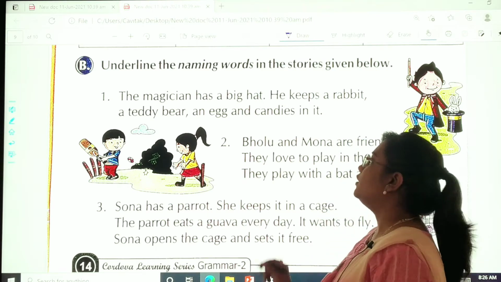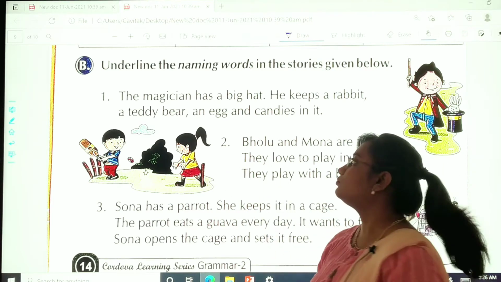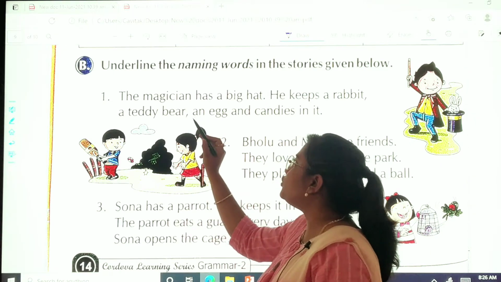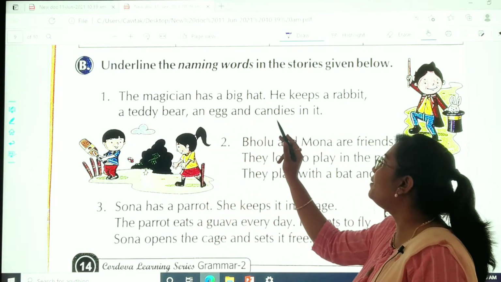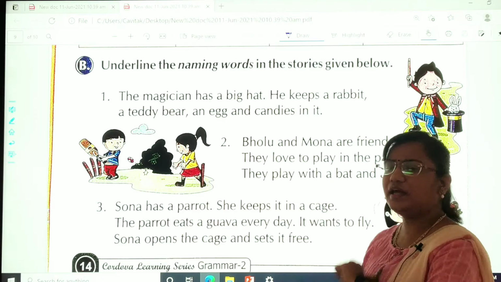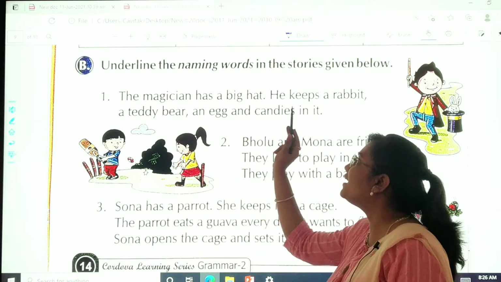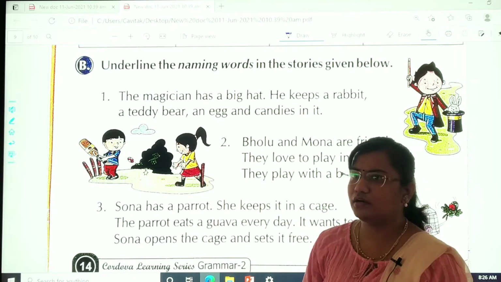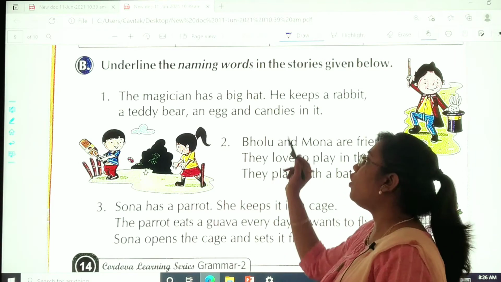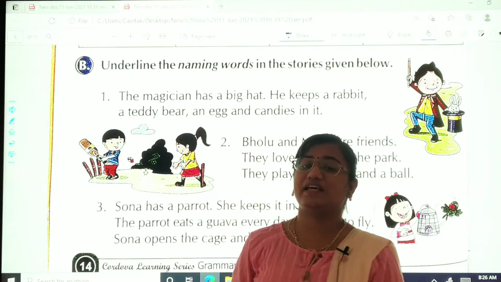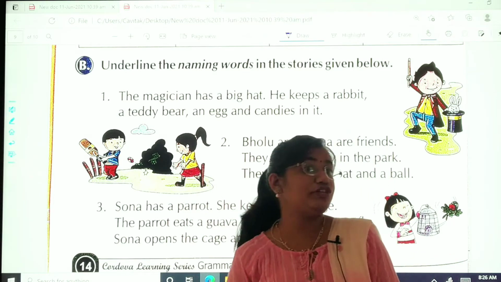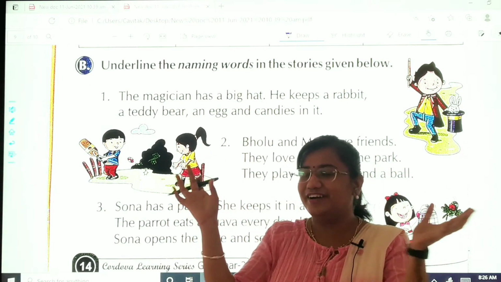Fine. Story number 1. The magician has a big hat. Read it again. The magician has a big hat. Over here, the name of a person is given. Magician means jadugar.